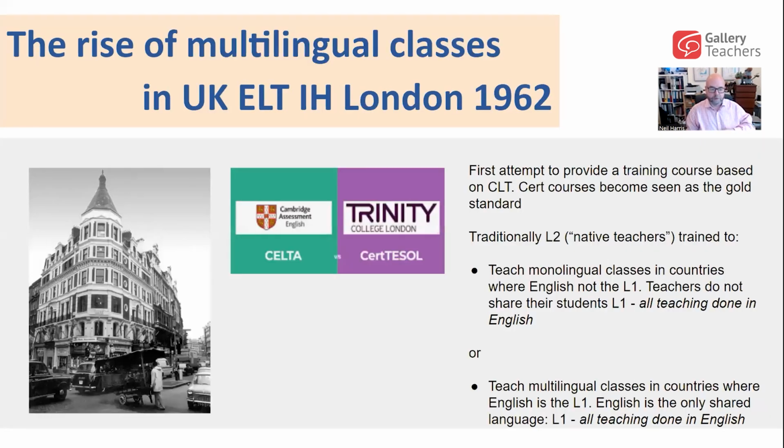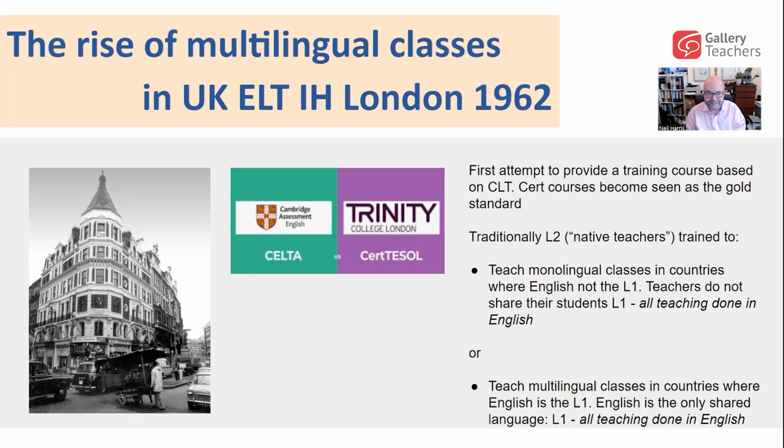If we bring the story more up to date, and a prize for anyone who can identify the building in the photograph on the left-hand side of the screen, is an attempt, I think, to try to bring up to date what I consider to be one of the reasons why L1 became unfashionable and considered inappropriate for many teachers.